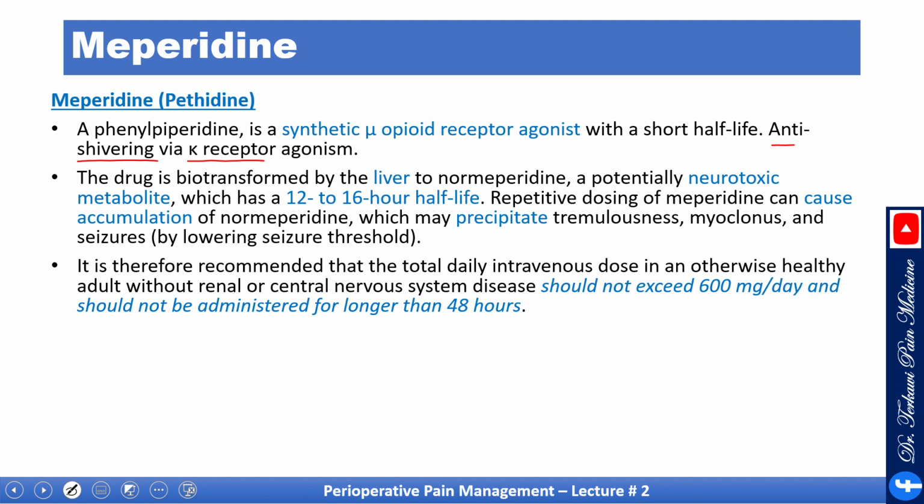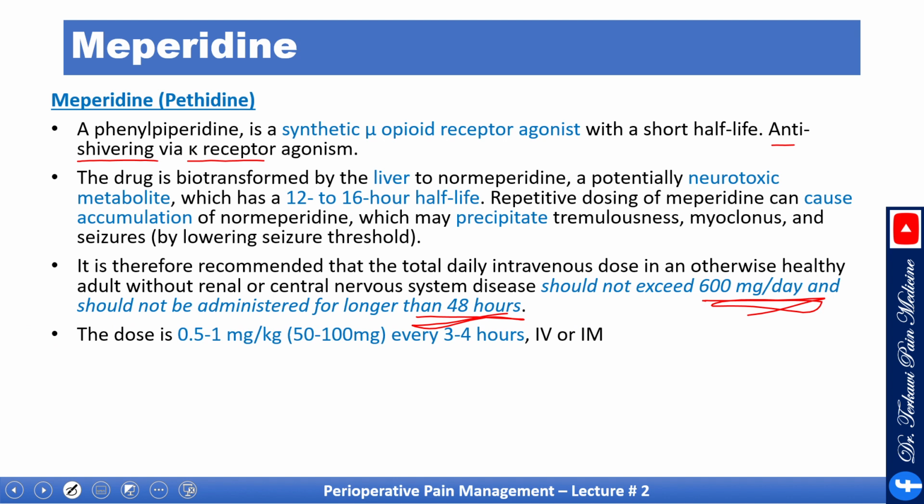It is therefore recommended that the total daily intravenous dose in an otherwise healthy adult without renal or central nervous system disease should not exceed 600 milligrams per day and should not be administered more than 48 hours. The dose is 0.5 to 1 milligram per kilogram, usually 50 to 100 milligrams IV or IM every 3 to 4 hours.